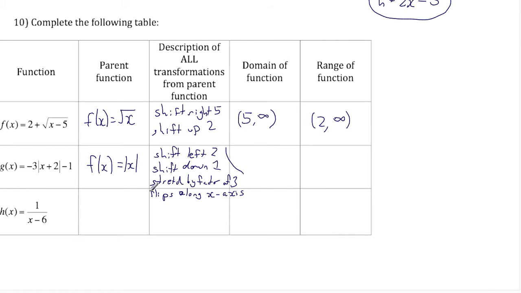So there's a lot there. Probably could have used the type feature. So it flips along the x-axis.